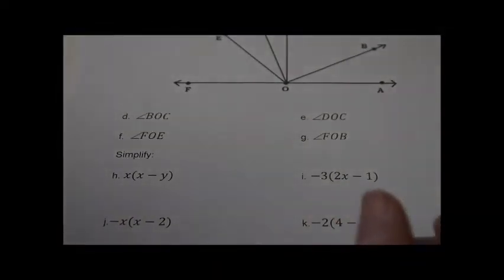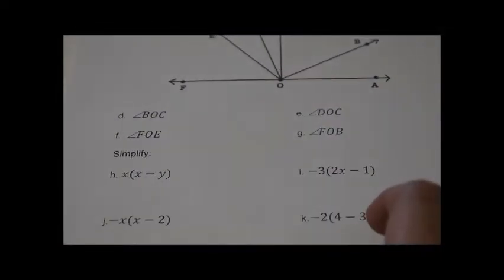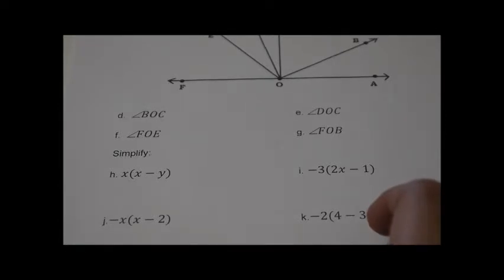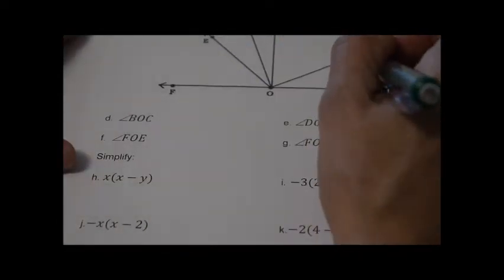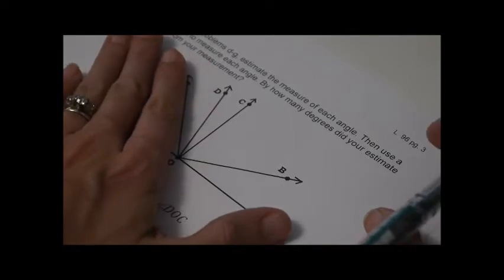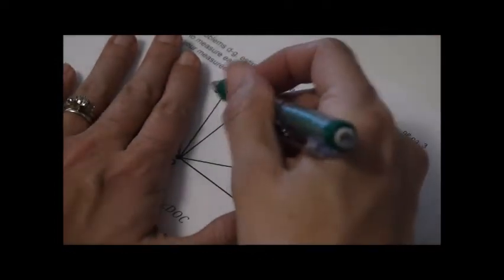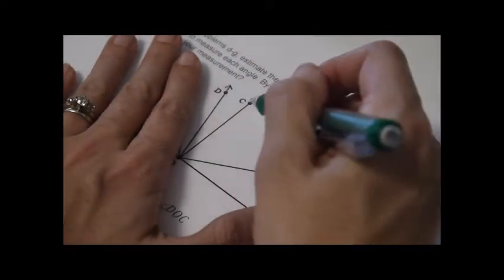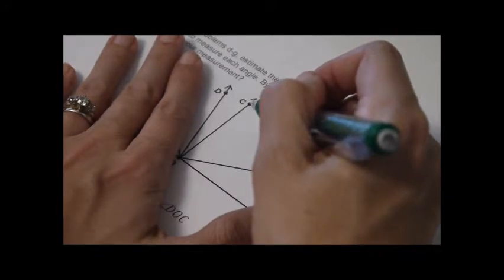Okay, in this practice, we're going to estimate the measure of each angle, then use a protractor to measure them. By how many degrees did your estimate differ from your measure? Okay, so I'm going to look at BOC. Like I said, I like to look at it like that and kind of see where 90 degrees would be. So I'm going to take away, I don't know, 20, 25 degrees.